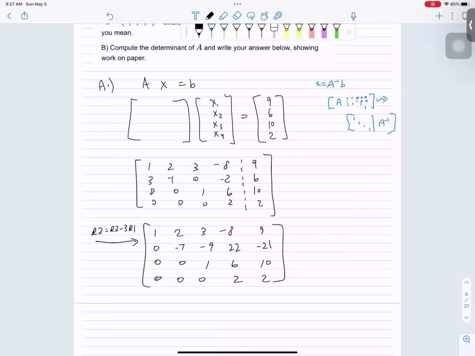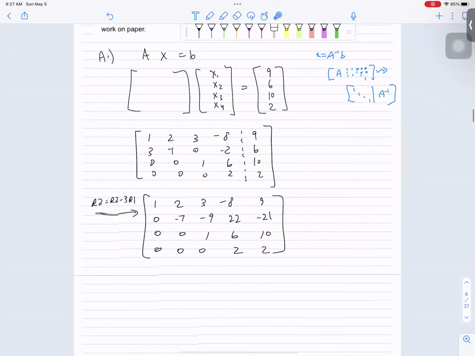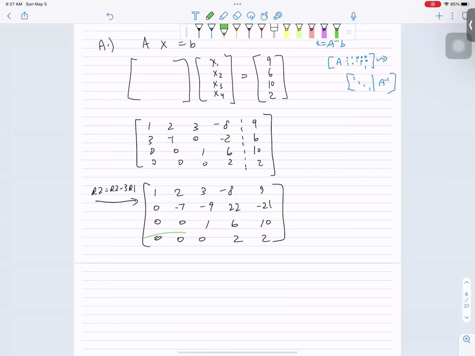I could keep row reducing if I wanted to get a diagonal matrix, and that would tell me exactly my answer, or I can just stop here and start back substituting. Back substituting means I look at the last row, and remember how things are being multiplied. How do you get this last number 2? You do the last row dot product with this vector to get 2.